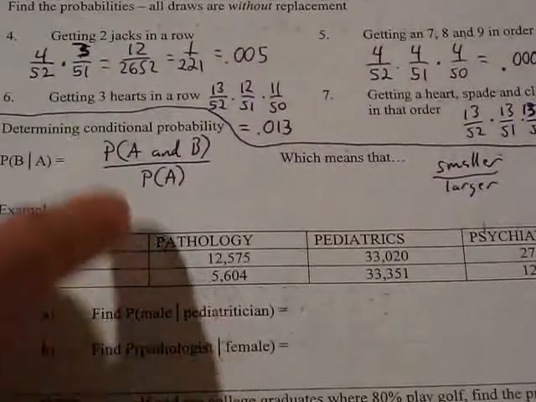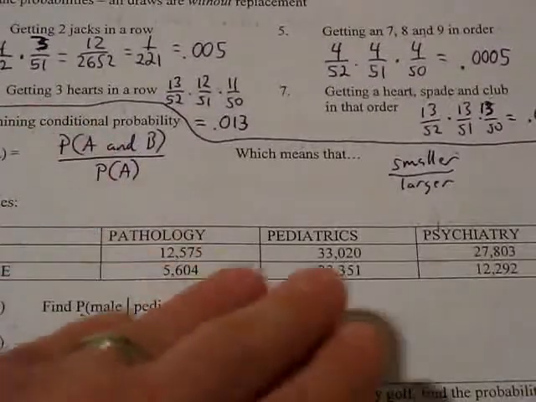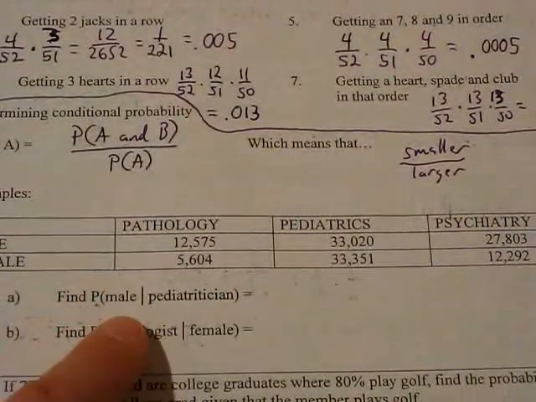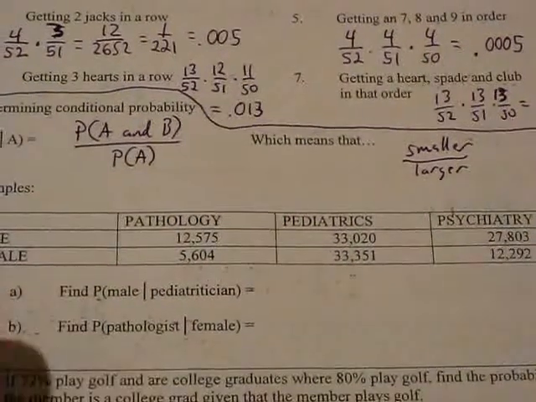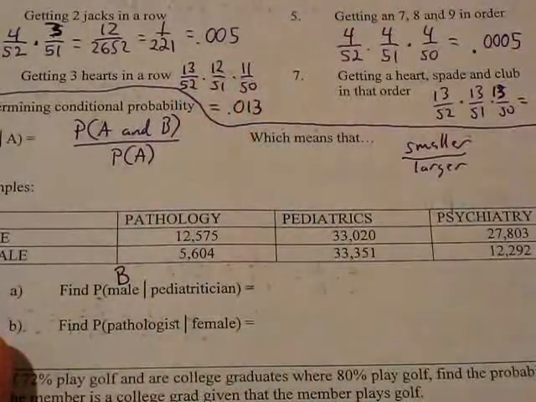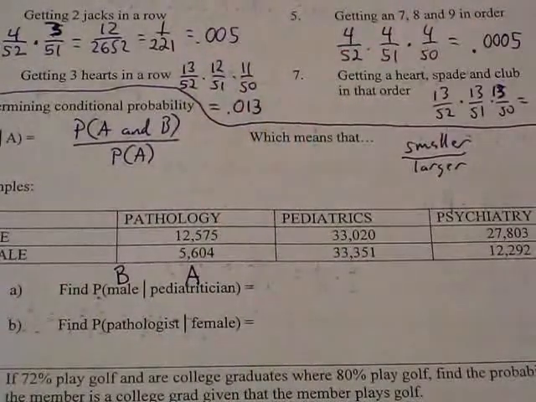So let's look at this definition and this little chart filled with pathologists, pediatricians, and psychiatrists. So I want to find out this problem here, which asks, what's the probability that they would be male given that we've chosen the field of pediatrics?